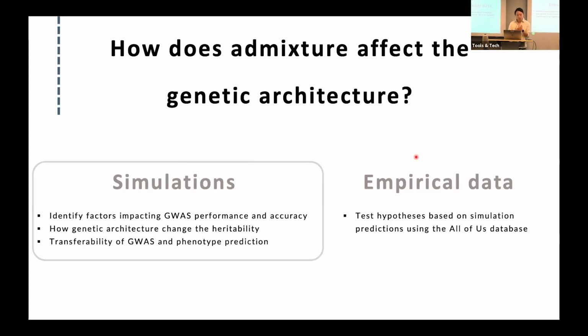Our goal with the simulation is to identify the factors that impact GWAS performance and accuracy, look at how the genetic architecture changes the heritability, and assess the transferability of GWAS across different populations.